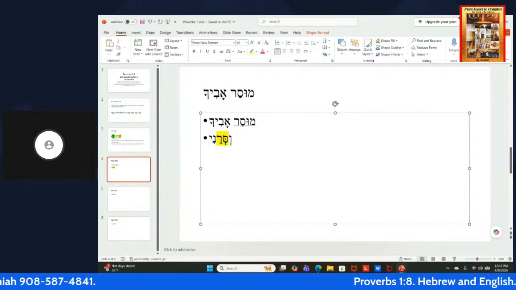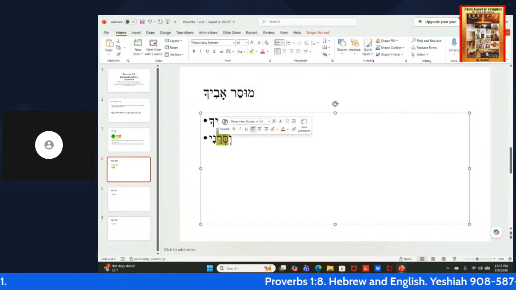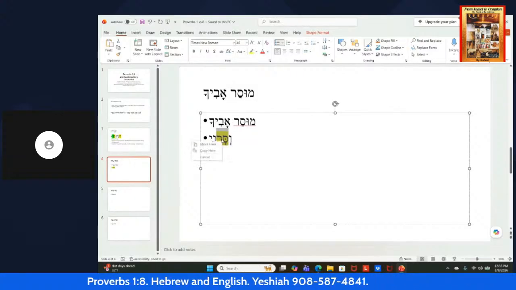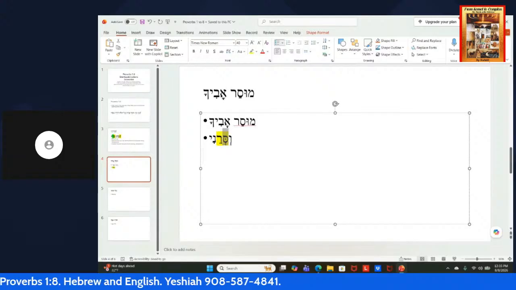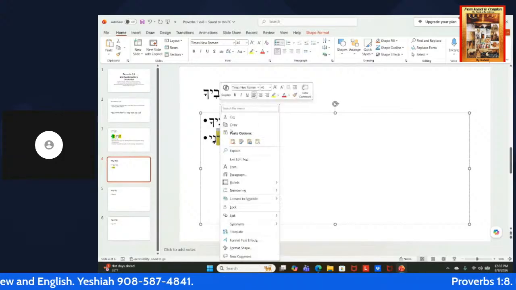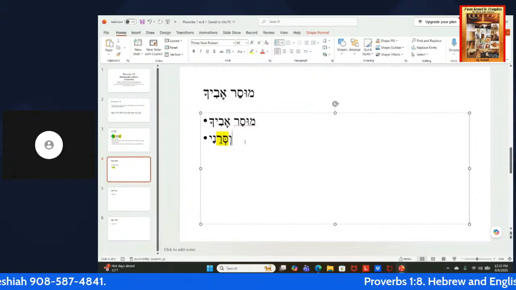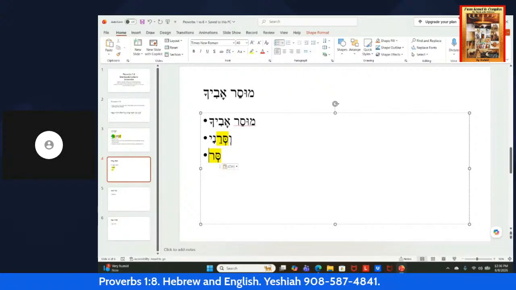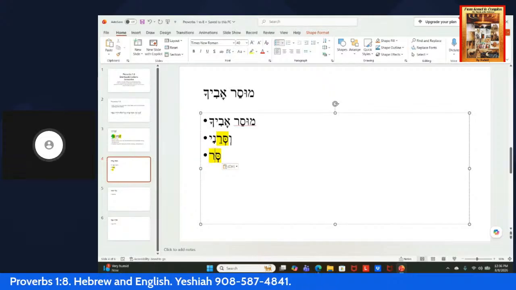We have, if we will, the word sor in this particular case.